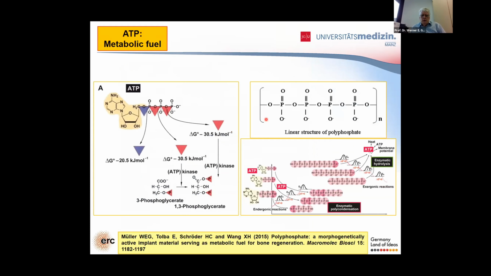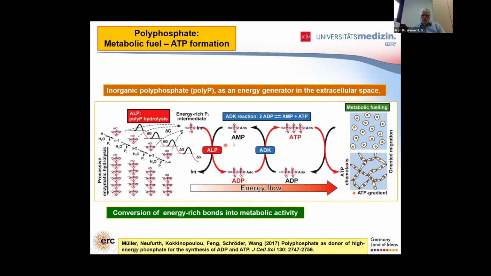Then we checked further and found that after degradation of polyphosphate with the alkaline phosphatase, by chopping off the terminal phosphate groups, we can determine ADP as a first step.